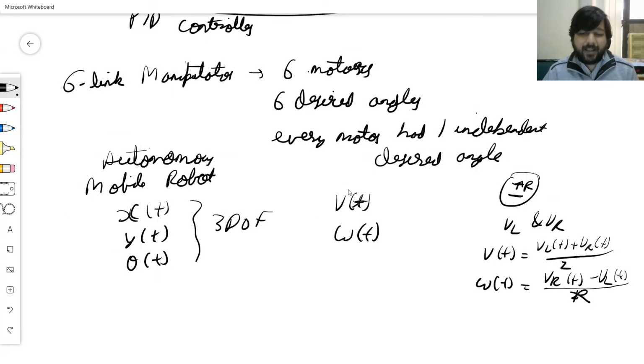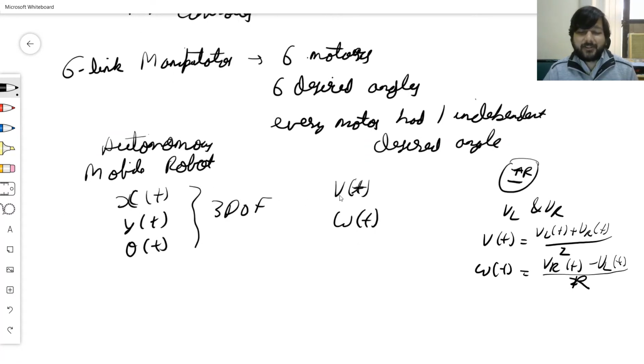So I have a 3 degree of freedom and I've got a 2 degree of freedom control. The number of control variables are lesser than the number of variables that need to be controlled. So there's a problem. The other problem is every variable does not control an independent variable, and that's pretty bad.